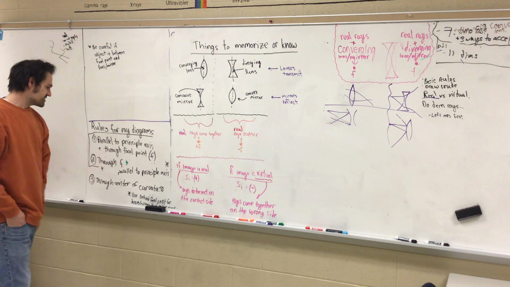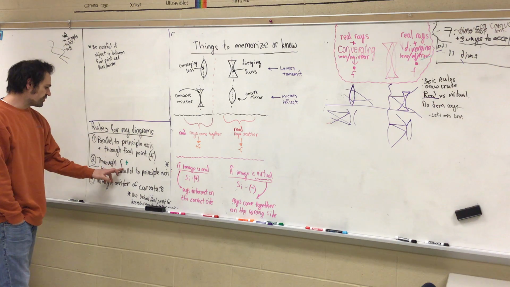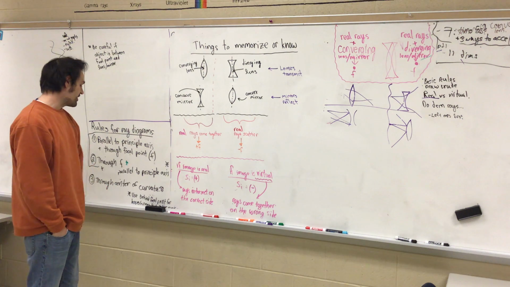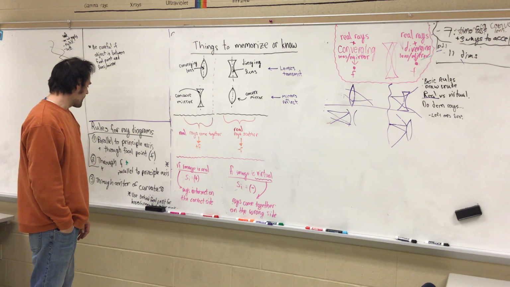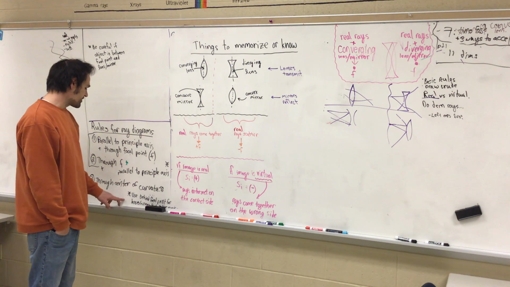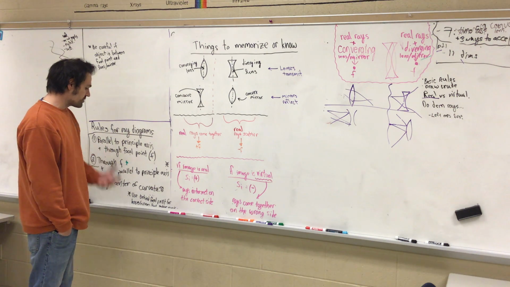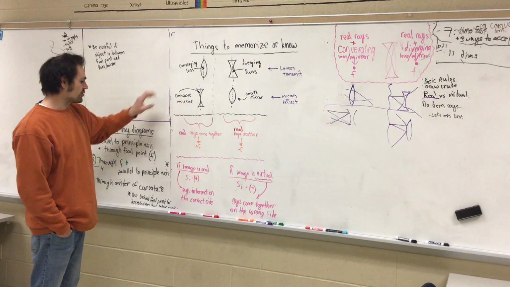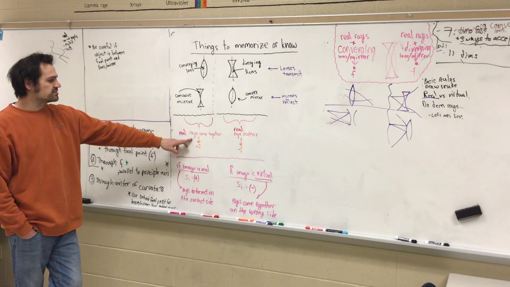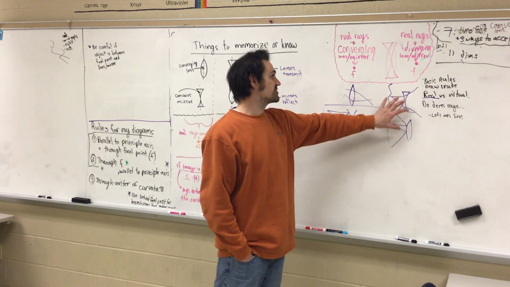Let's go through your rules first. Rule number 1, parallel to the principal axis and then through the focal point. Rule number 2, through the focal point and then back parallel along the principal axis. And the clause for this rule is: use the left side focal point if the rays come together, and you use the right side focal point if the rays scatter, just like we drew over here.